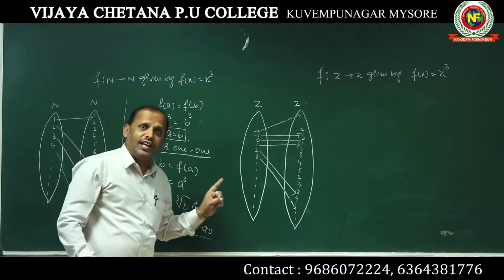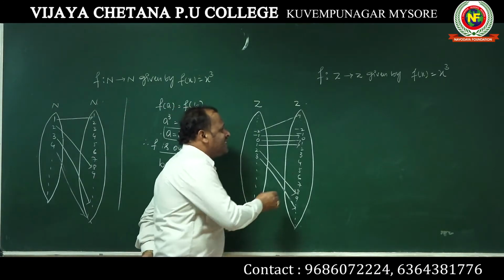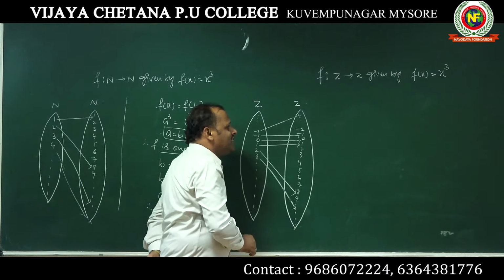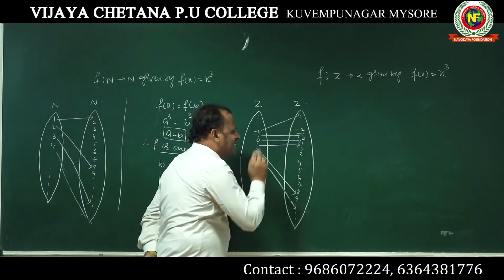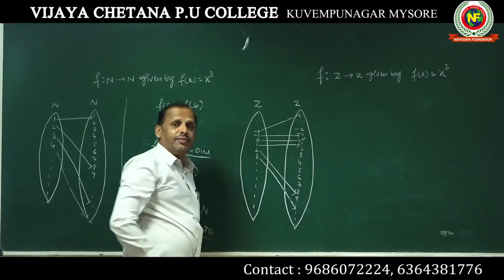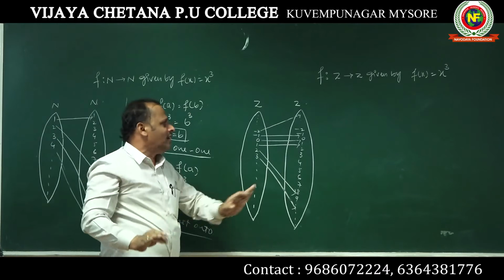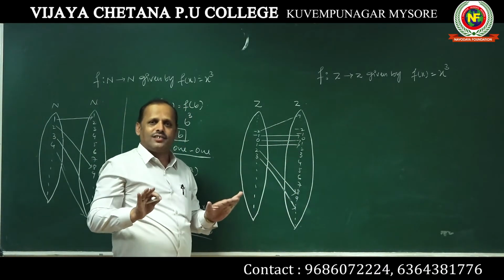But onto, is it onto? No. Why is it not onto? Because minus 2 is not an image, 2 is not an image, 3 is not an image, then minus 3 is not an image, minus 5 is not an image. Totally, not all the elements of the codomain are images.